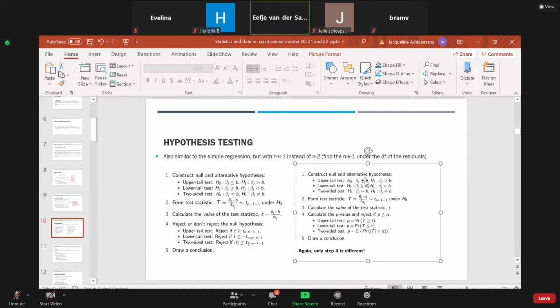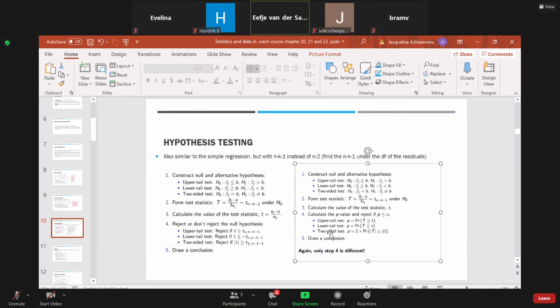p-value method. The first step is exactly the same. The second step is as well, and the third step is as well. Only the fourth step is different. Remember that the p-value is the value at which it's really unlikely to happen. So the p-value, I would say, is the probability of obtaining an outcome as extreme as that.